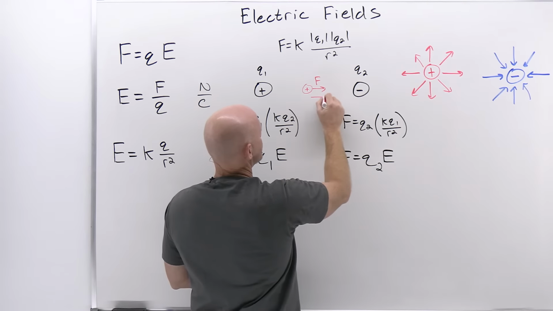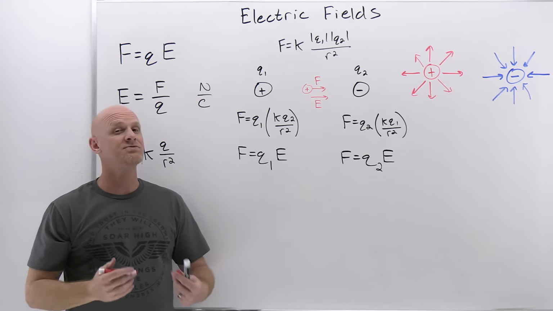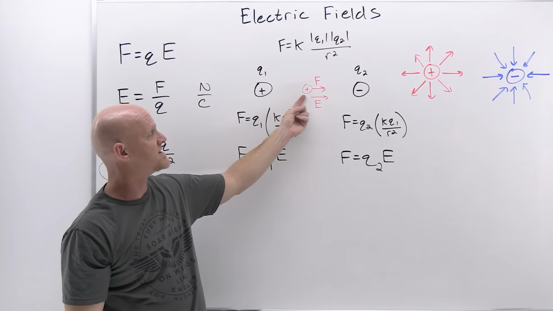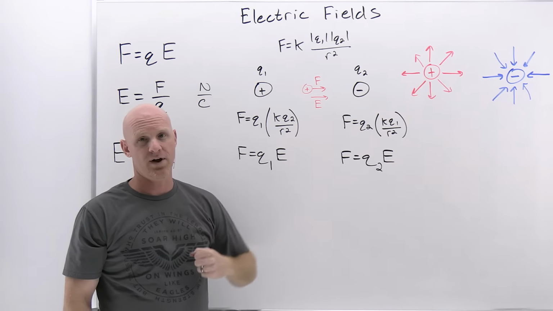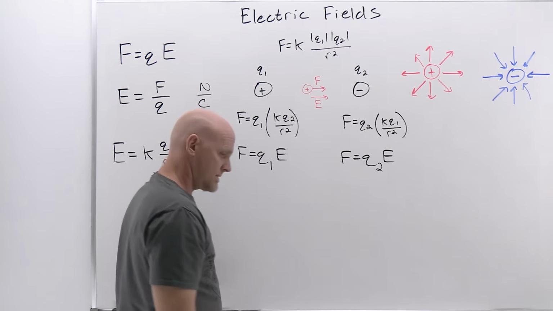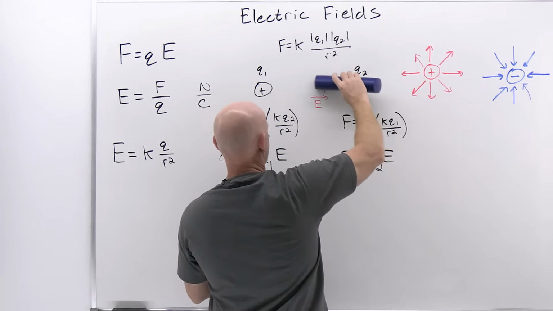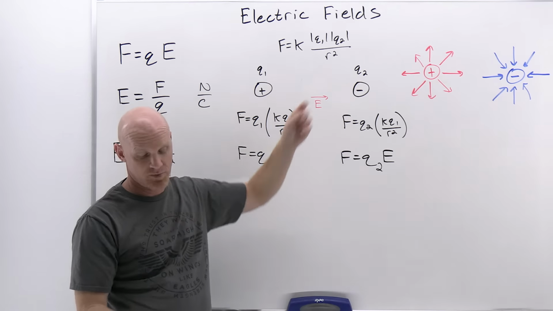Well, it turns out that the electric field always points in the same direction as the force felt by a positive test charge. So not only does the force felt by this positive test charge point to the right, but the electric field points to the right. Now, what's tricky about this is whether we have a charge at that location or not, there's an electric field that's going to be defined and it's going to point to the right.